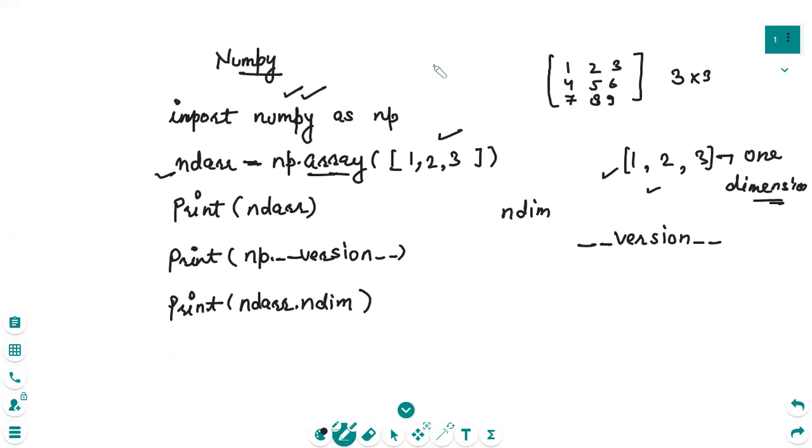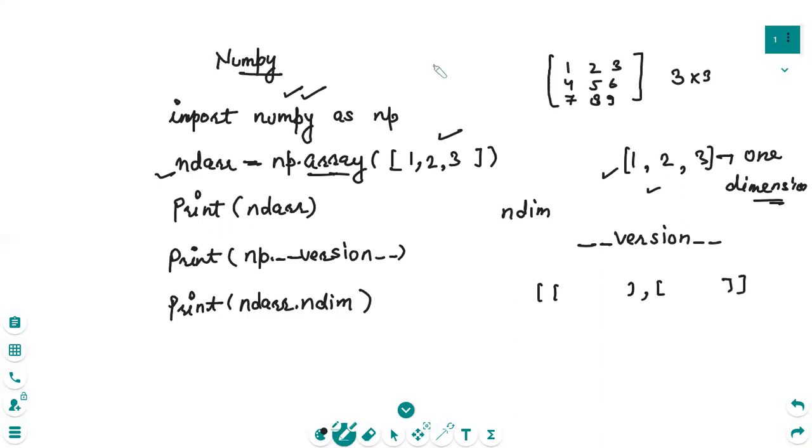So what is a one dimensional array and a two dimensional array? A one dimensional array does not contain any columns, right? Whereas a two dimensional array contains rows and columns. Suppose that this is your two-dimensional array, right?